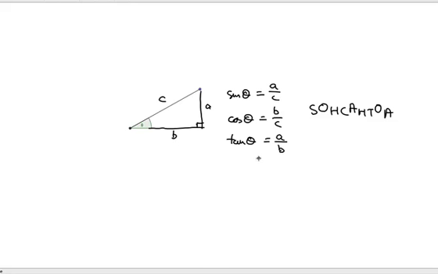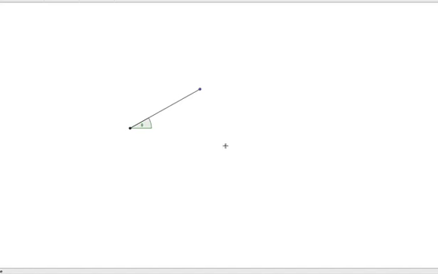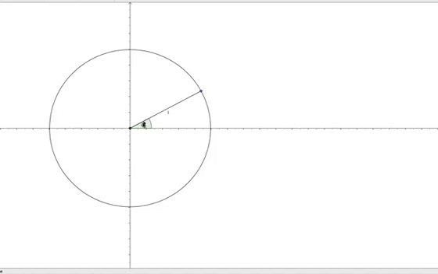So the first thing that we do is to put, in effect, a right angle triangle on an x and y axis. And I'll do that now. So here we have the origin, here's our angle, and here is the x and y axis. Now, as before, if we complete our right angle triangle, the sine of theta would be this distance over this distance.